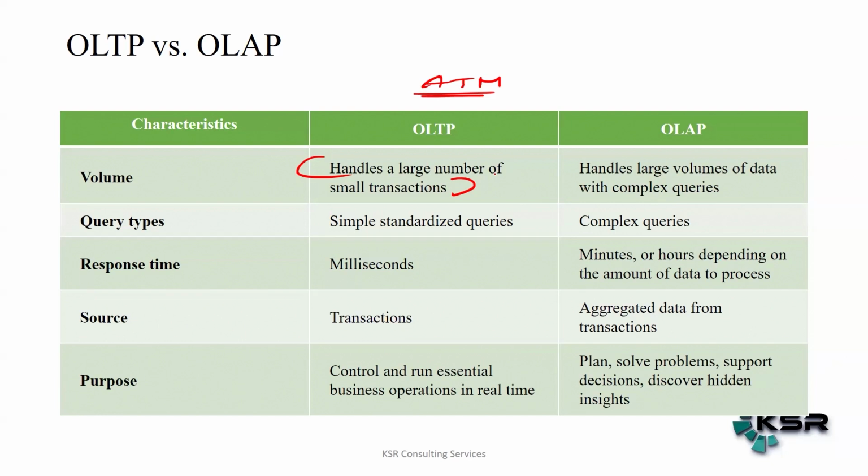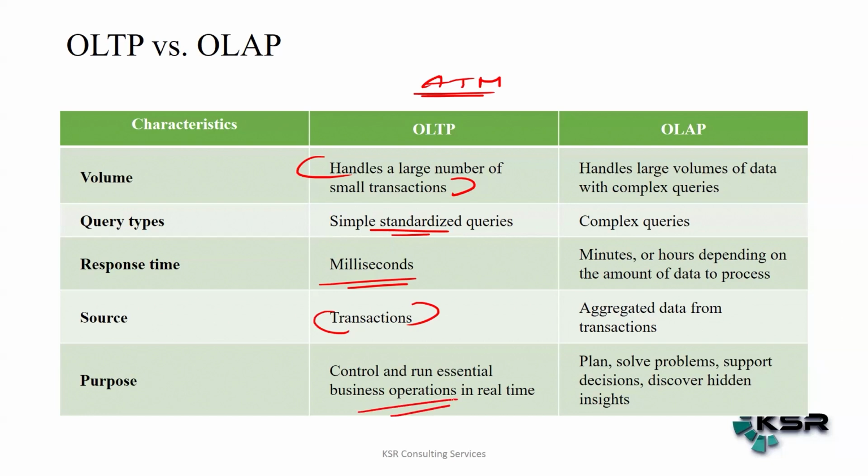Even if there are small transactions, however many times you do, every time it has to go and update, right? So that's a property, and they are very simple queries, right? And everything has to be responded to in milliseconds. Forget about seconds. We are not in seconds, we are in milliseconds, right? So every millisecond a transaction has to take effect, and all of this is called transaction data.